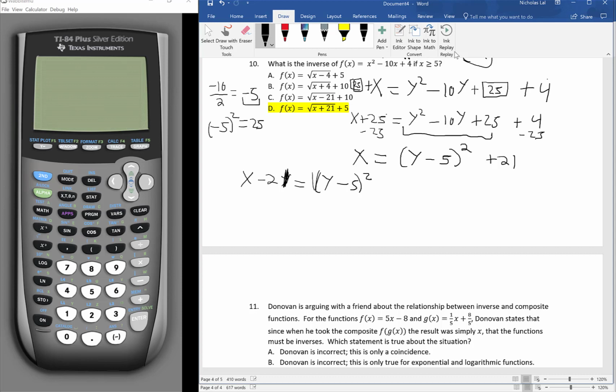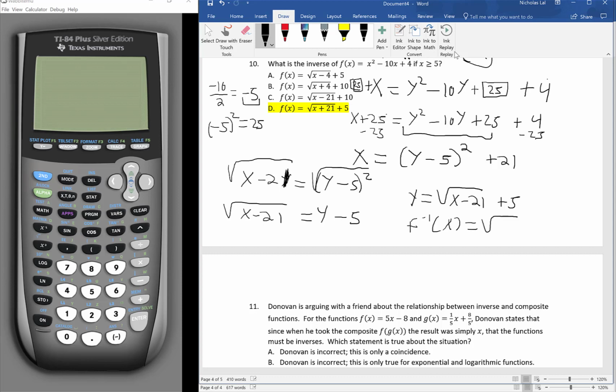Take the square root of each side. The square root of x plus 21 is equal to y minus 5. y is equal to the square root of x plus 21 plus 5. So we've isolated y, so the inverse of f of x is equal to the square root of x plus 21 plus 5.